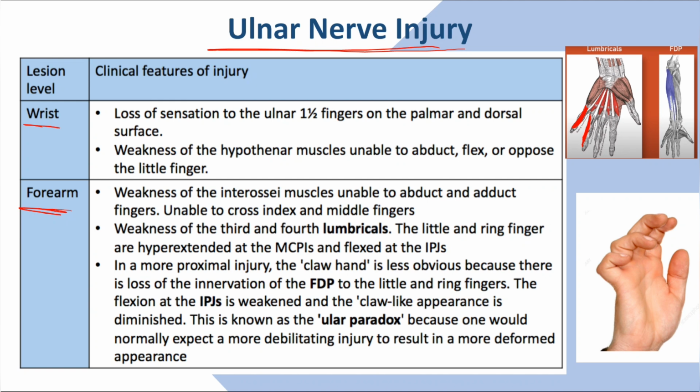There is also weakness of the hypothenar muscles, in which the patient fails to abduct, flex, or oppose the little finger. If it occurs in the forearm, there is weakness of the interossei muscles, in which the patient is unable to abduct or adduct the fingers.